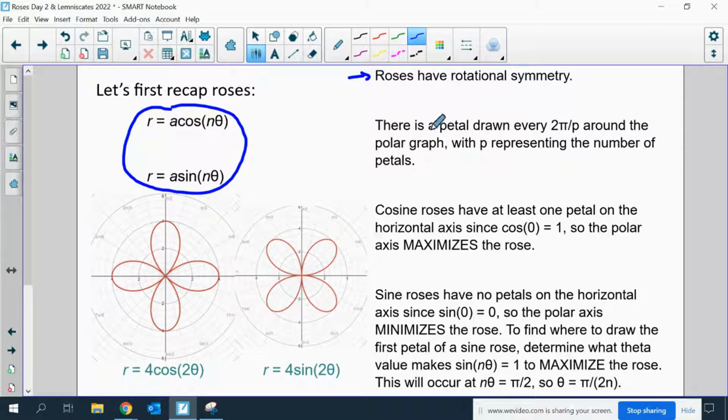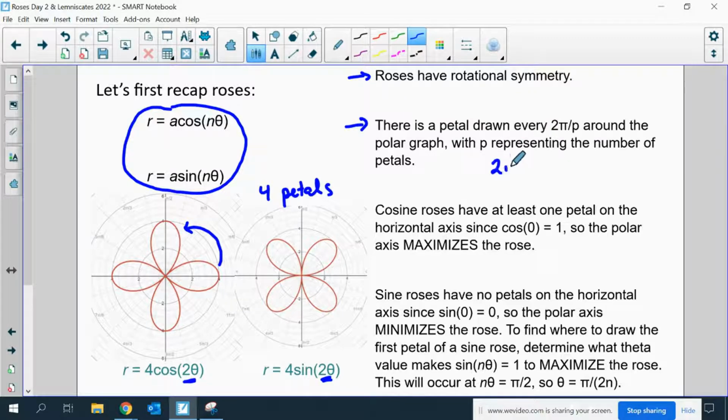Roses have rotational symmetry, so what that means is you see the exact same petal if you rotate a certain amount, and that rotation is every 2 pi divided by the number of petals. So in this case, we learned yesterday that if we have 2 theta on the inside, we would have 4 petals, because when we have this situation with 2 on the inside, we multiply it by 2 and get 4 petals.